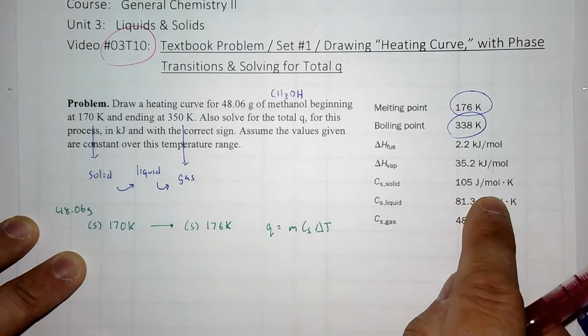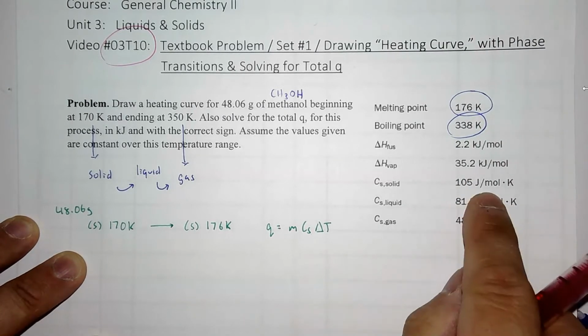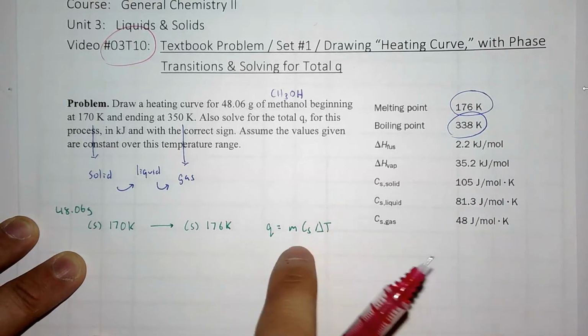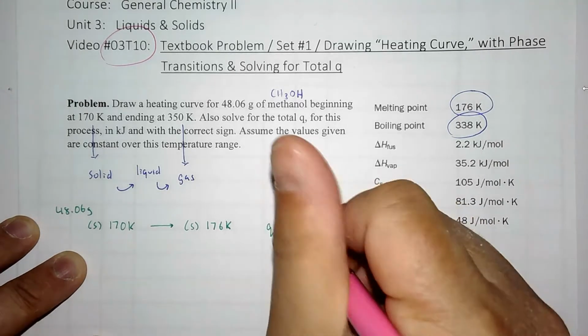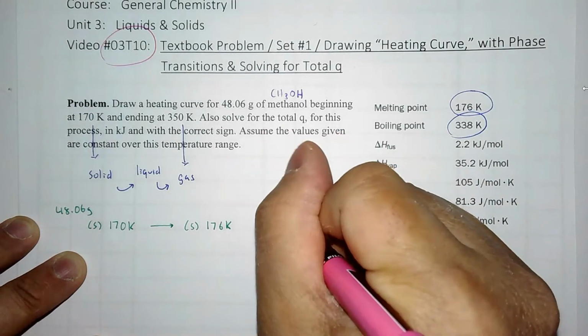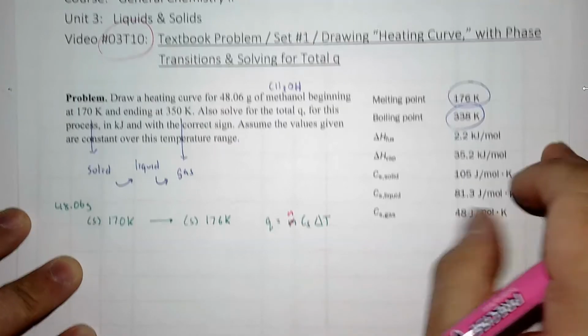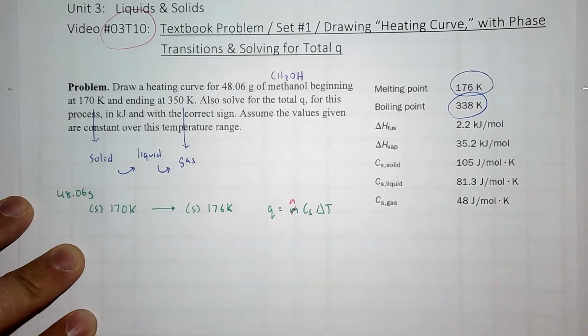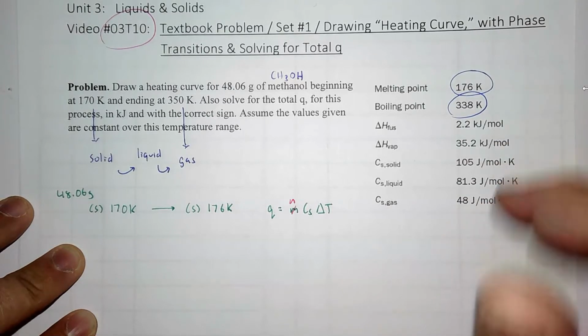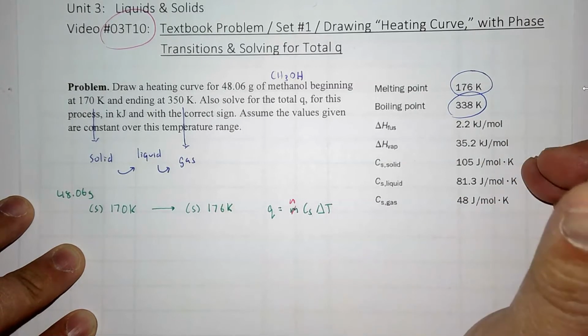They're in moles, and they're also in joules per mole dot K. So we're not going to use m, we're actually going to use the number of moles n. You have to be a little bit flexible. Sometimes your values given are not in the units that you're used to.